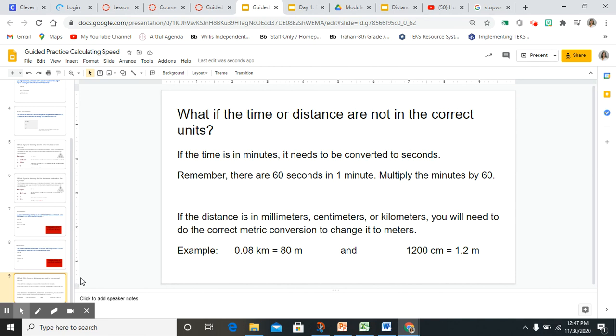Be sure that you are comfortable with your metric conversions because you may need them every once in a while, especially if your measurements are in centimeters or kilometers. That way you can convert them to meters. You should now be ready for your independent practice, and you can go ahead and open that up now.